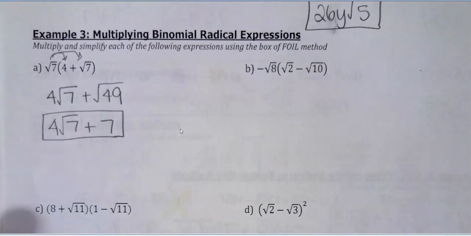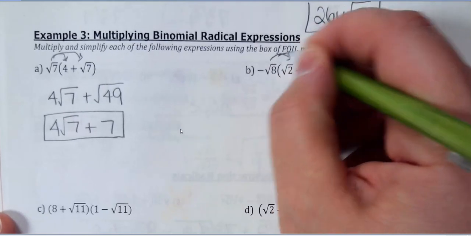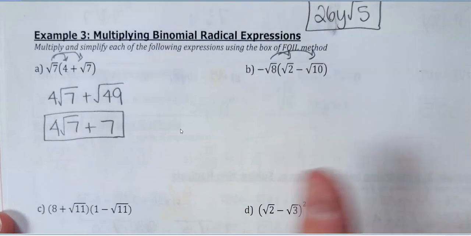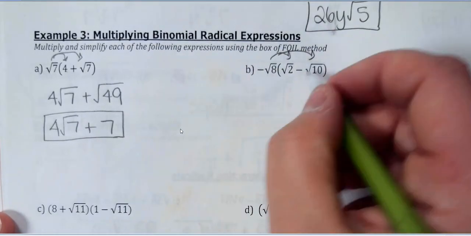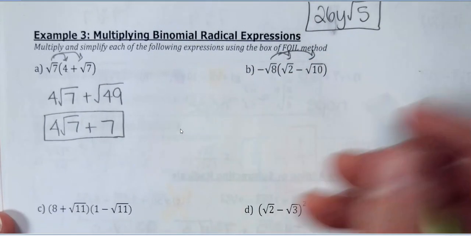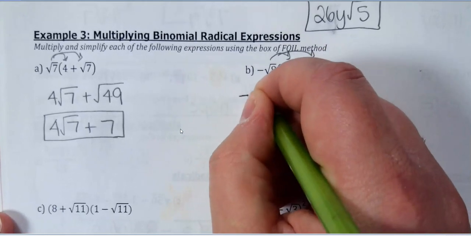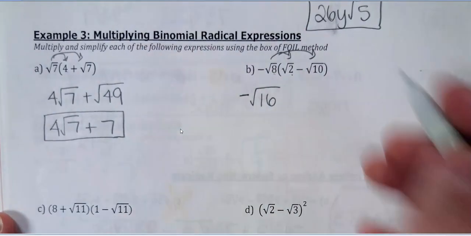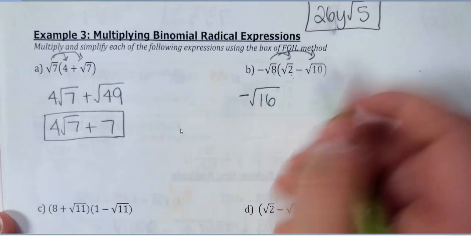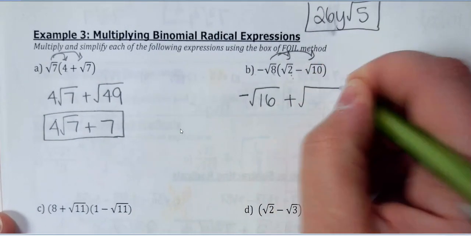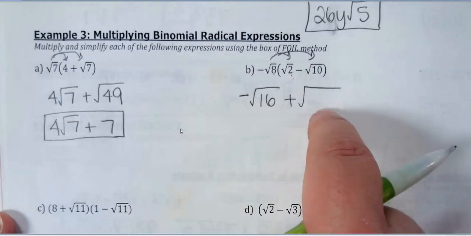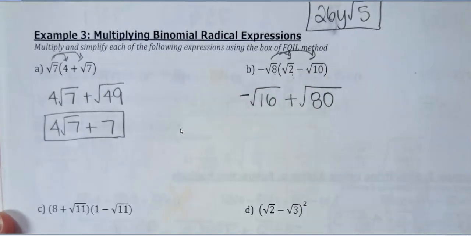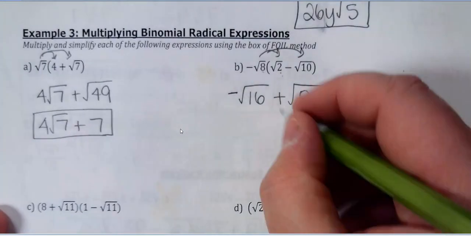Now, these, you have a negative outside the radical, so that's not going to affect us being able to simplify anything. Negative square root of 8 times square root of 2 minus square root of 10. So that first term, I'm just going to have a negative in front of it. 8 times 2 is 16. That's actually going to create a perfect square for us. Negative times a negative turns into a positive, both under a square root. Multiplication, you're going to just multiply those two numbers together, and that's going to give you 80. Now, I'm pretty sure we broke down 80 before.